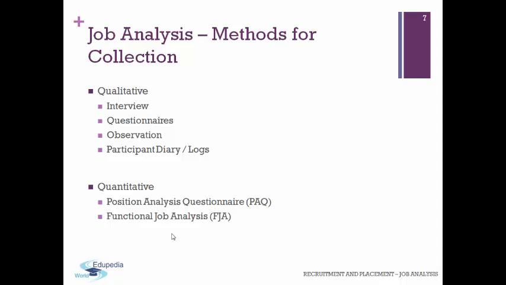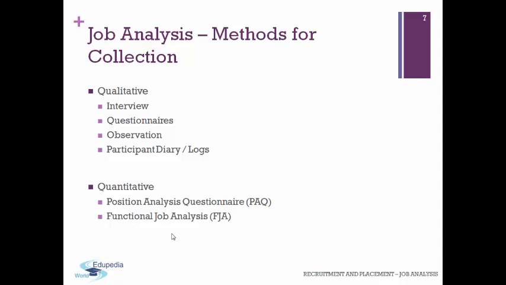There is a rating, which is, say, NA means not applicable, 1 is nominal or very infrequent, 2 is occasional, 3 is moderate, 4 is considerable, 5 is very substantial. If your job requires a lot of written material, then of course you put in a 4 or a 5 depending on how important it is. If your job requires you to interact with different departments on a daily basis, then again you would have a 4 or a 5.